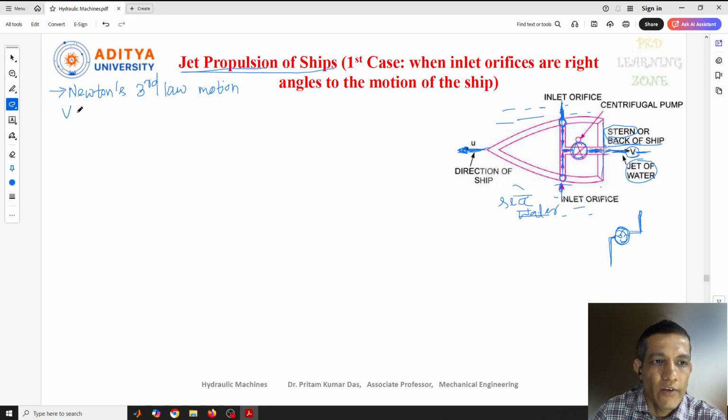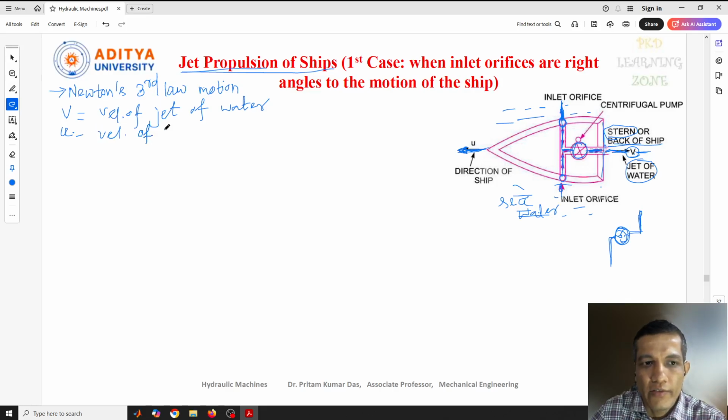So velocity v is the velocity of the jet of water. Similarly, u is the velocity of the ship, which moves in the opposite direction to the velocity of the jet.